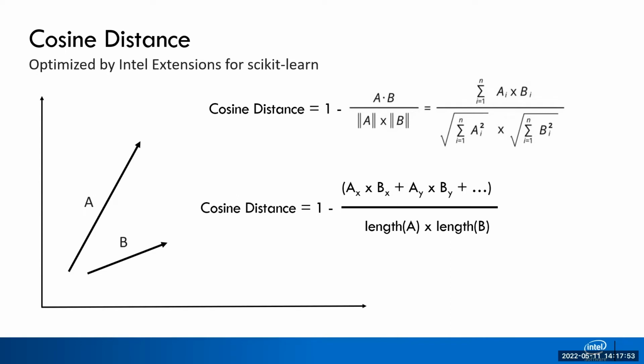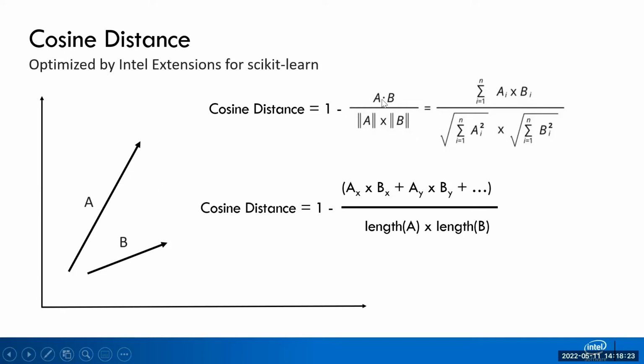Cosine distance is similar to what we've seen, but with different mathematics. These are actually optimized in the Intel extension for scikit-learn. We have an example that we're going to demo using the cosine distance, calculating the pairwise distance with scikit-learn.